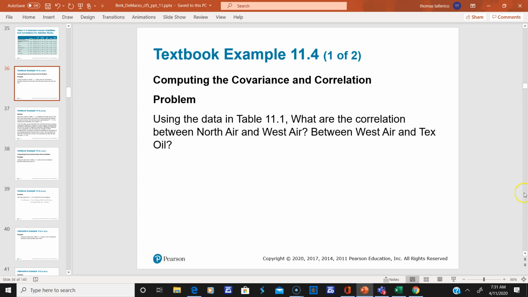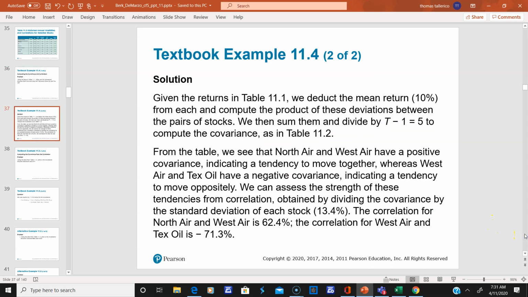Using the data in table 11.1, what are the correlations between North Air and West Air, and between West Air and Tex Oil? Let's see what they do here. With the returns that are shown in the previous table, in table 11.1, I think that was in part 1 of the video, we start doing the math.